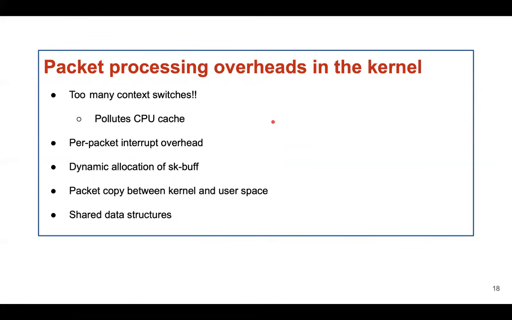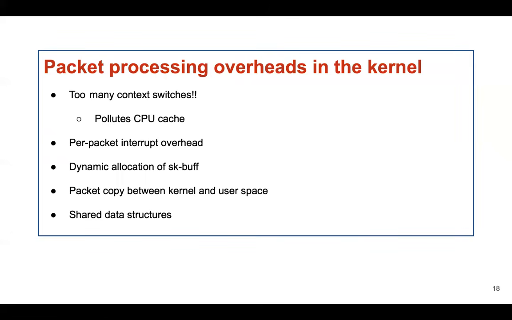Traditional kernel-based packet processing invokes an interrupt for each packet, which costs us time and loss of locality. Dynamic allocation of skbuff and packet copy between the kernel and user space adds to the overheads. Some data structures like the socket read or write queues, TCP accept queues are shared.